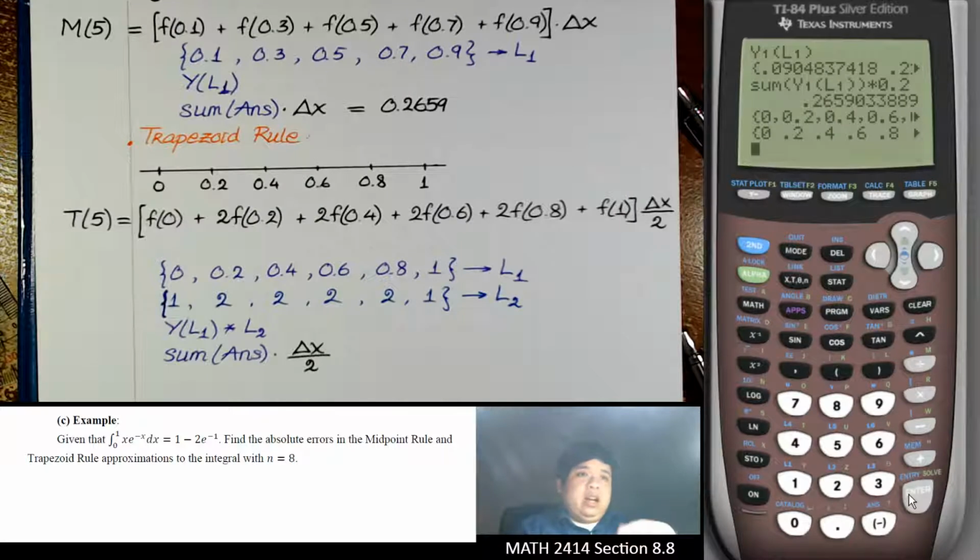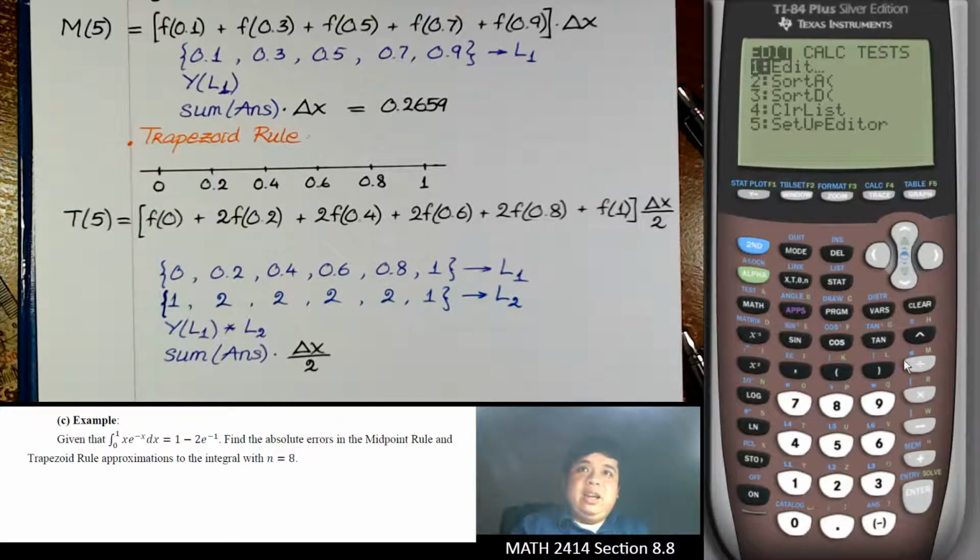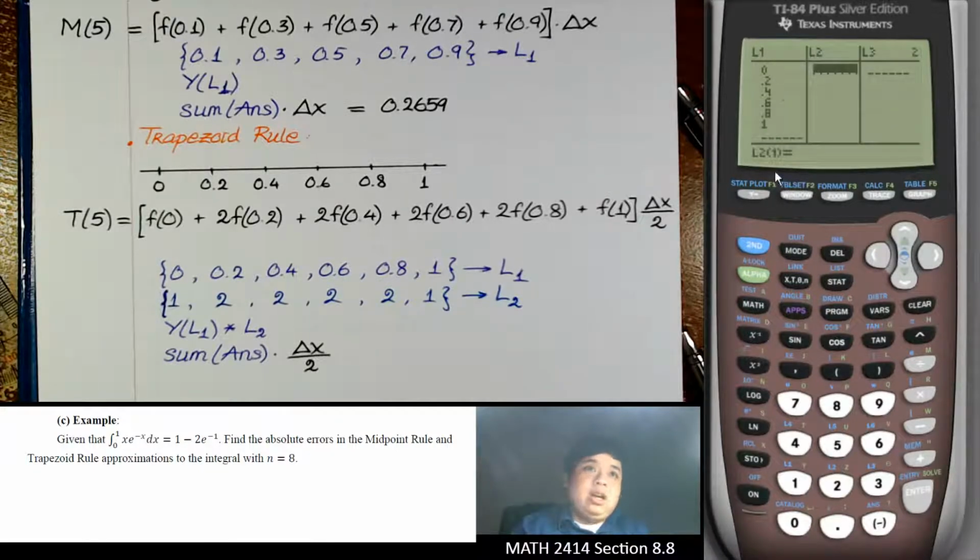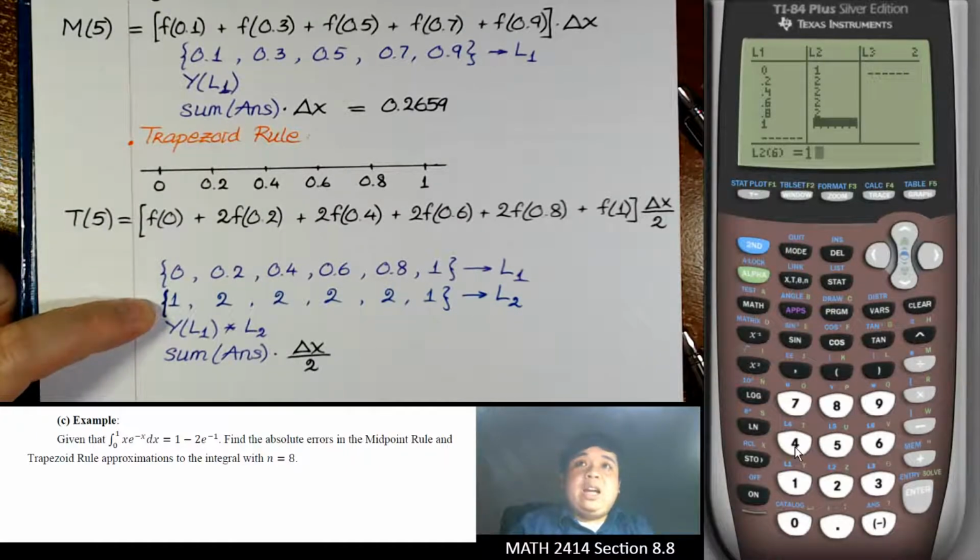I think it's better, if you want to make sure it's right, hit the stat and edit. Alright, those are correct. We can enter the numbers in here if we want to: 1, 2, 2, 2, 2, and 1. So this is exactly the same thing as entering that into the list.